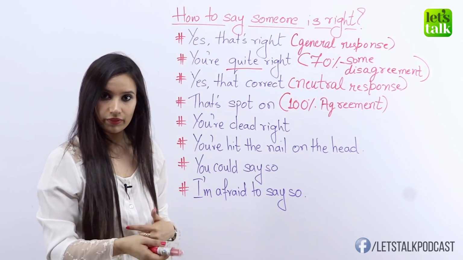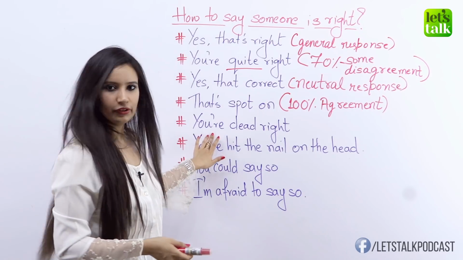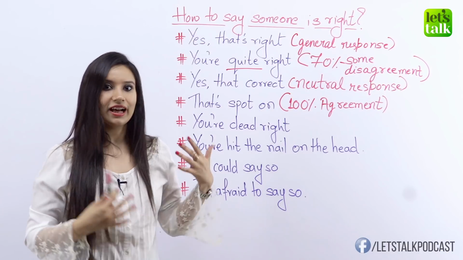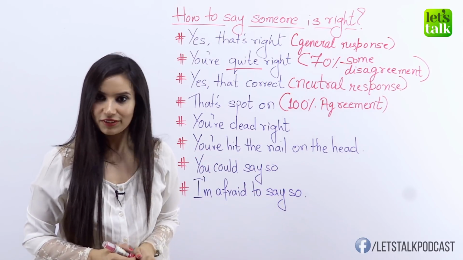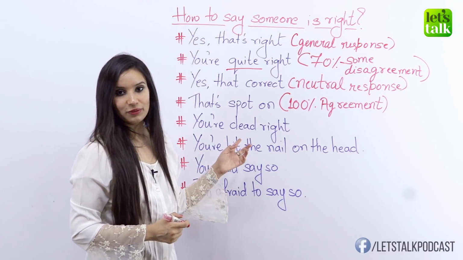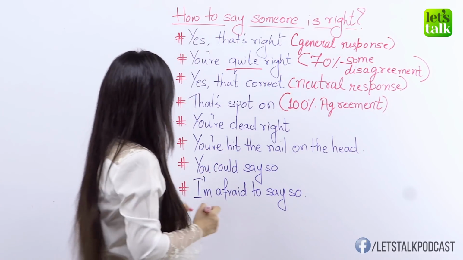And you agree with that 100%. So what will you say? You might respond that you're dead right. Yes, our products are not very competitive. That's where you can use this phrase.